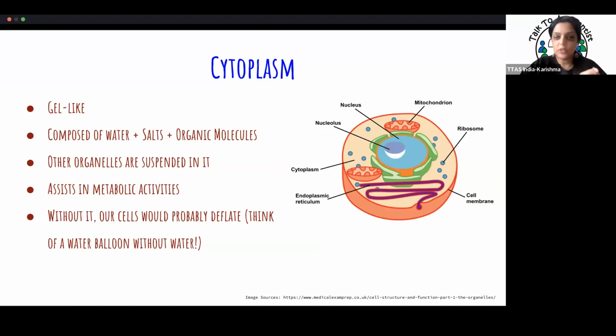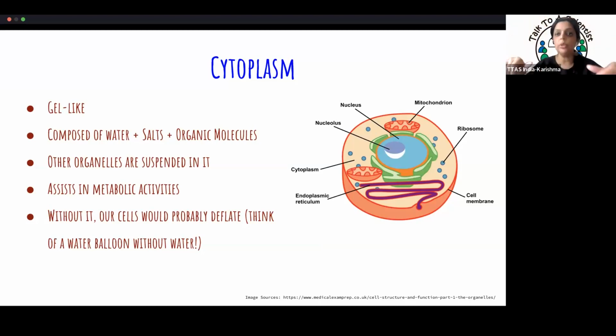It's gel-like, watery. It has water, salts, other molecules, and other parts of the cell are suspended in it. It's important for the cell's metabolism. To grow, reproduce, consume nutrients, make products, the cytoplasm is very important.